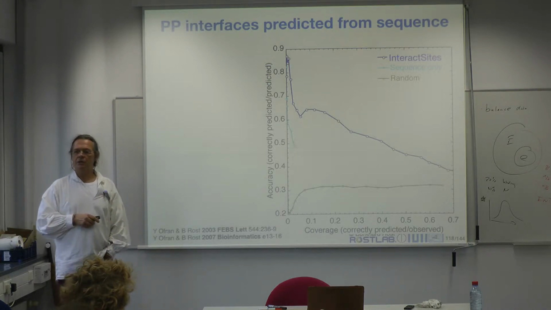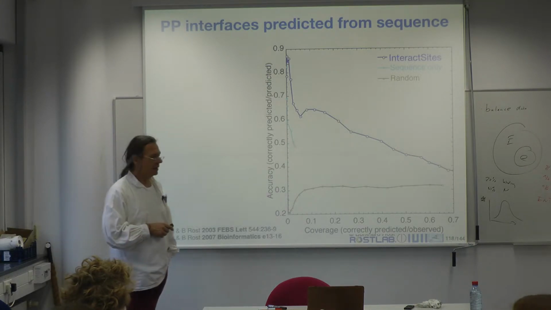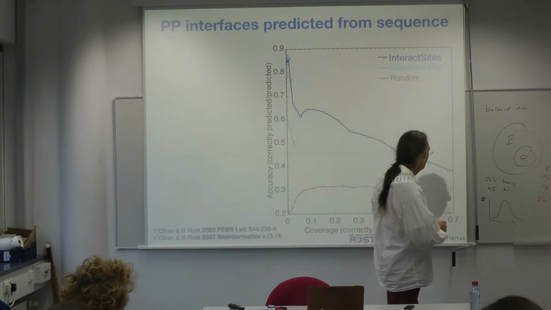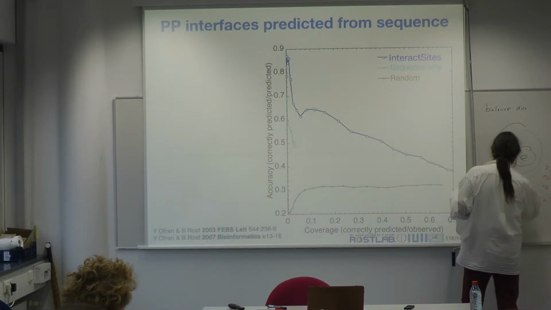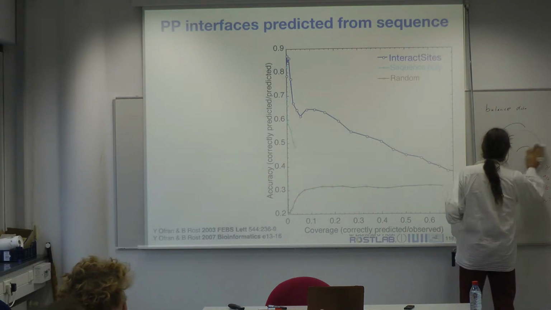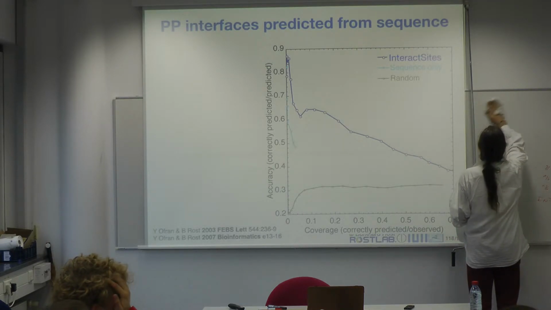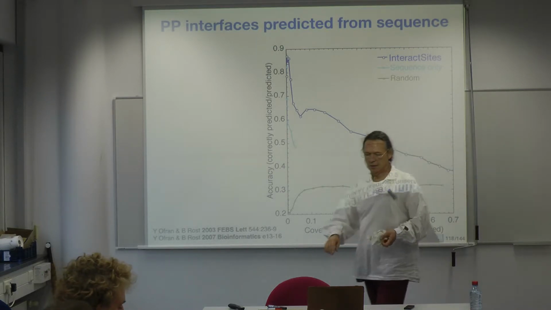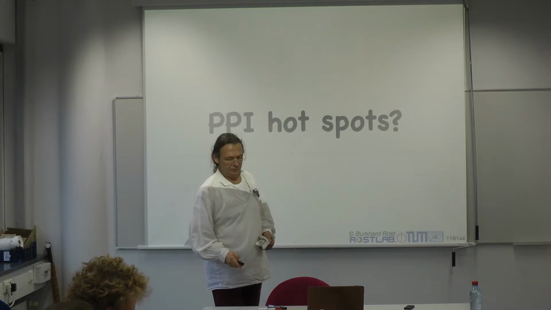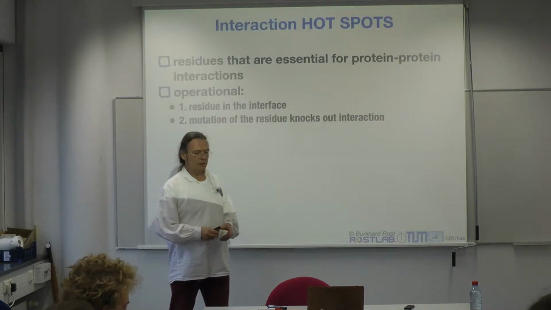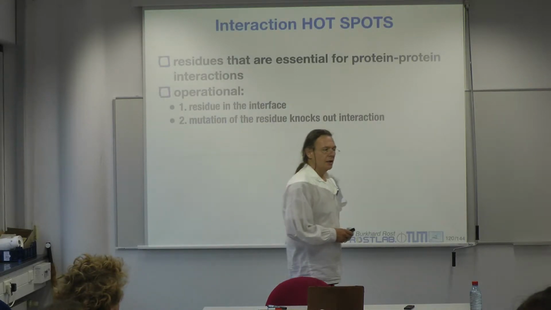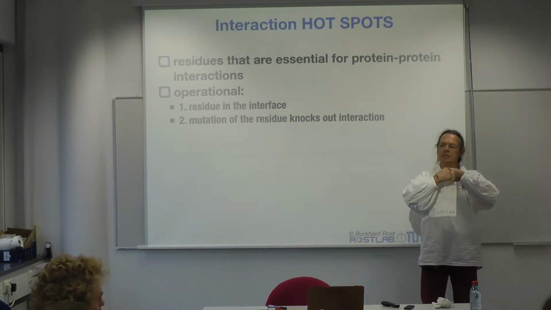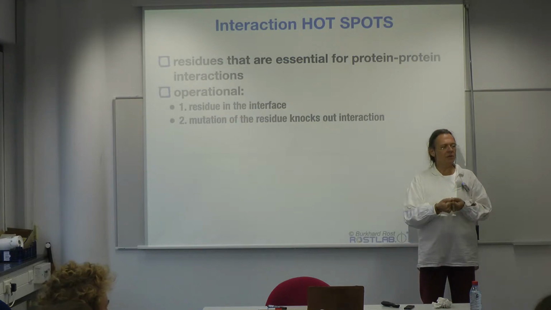Now the story becomes the topic of hotspots. So let me go into the hotspot story. Are you guys familiar with this term, hotspots of protein-protein interactions? One way of saying it is that when you have the interaction between two proteins, there are some residues in there that are more essential than others.